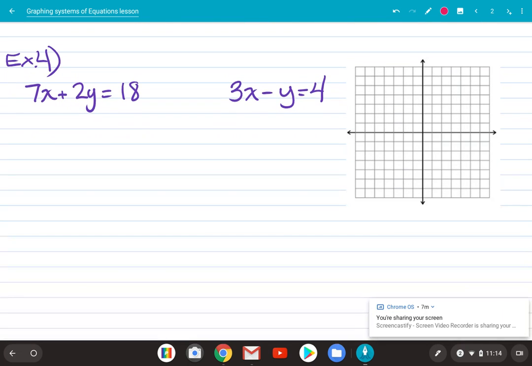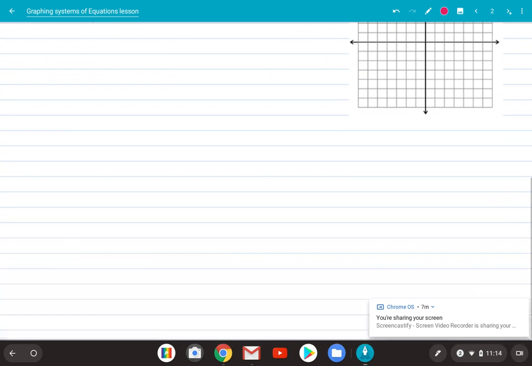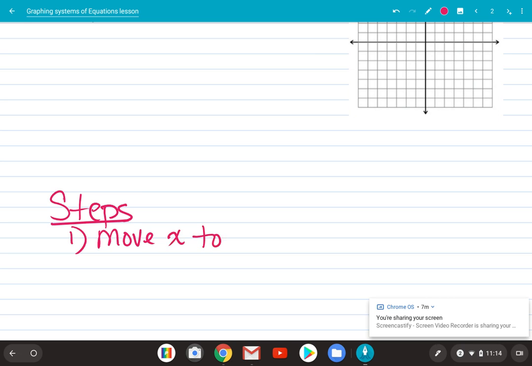Okay. So again, let's write those steps on the bottom. Steps. 1, move x to the other side. And this is usually going to be addition or subtraction.